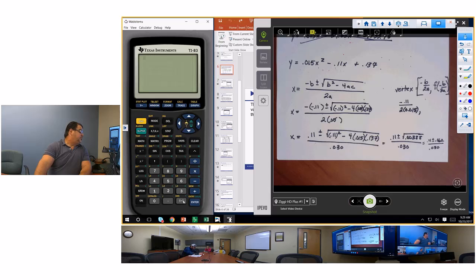And all this should be second nature to you from the way they drilled this in your head in high school. The quadratic formula. Negative b over 2a is negative 0.11 divided by 0.015 times 2. Let me put it in brackets.